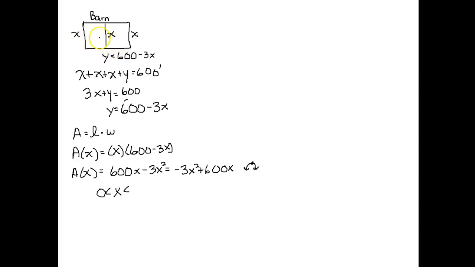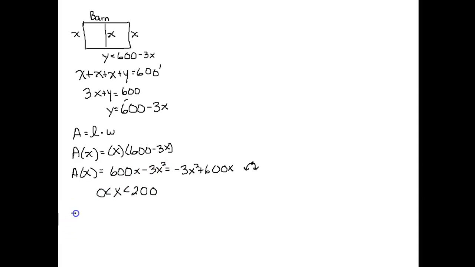Well, if you just had the 3 x's, then you would need x to at least be 200 feet. But you've also got that y, so you can't have x more than 200 feet because then it would exceed the 600 for these 3 pieces. It can't be equal to 200 feet because then it would equal 600 and then you'd be missing your y. So x has to be less than 200. So that's our limitations on x.